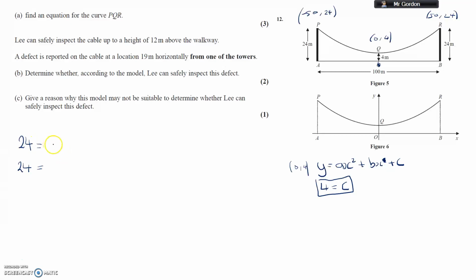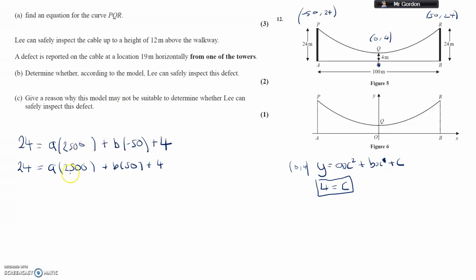Then we've got a times 50 squared, for the minus 50 squared, which is 2,500 for the first one, plus b lots of minus 50 for that one, plus c, which is 4. The second one is a times 50 squared, which is the same as minus 50 squared, plus b times 50 this time, not minus 50, plus 4.